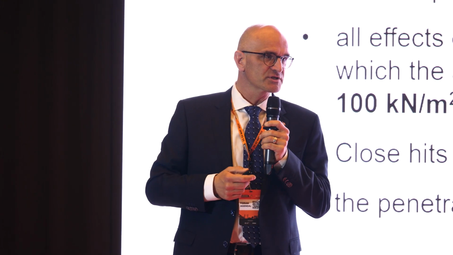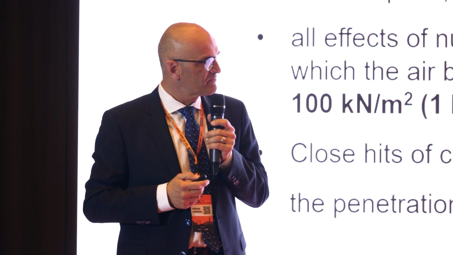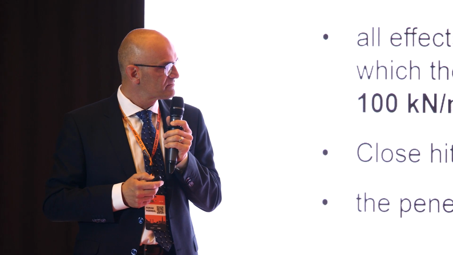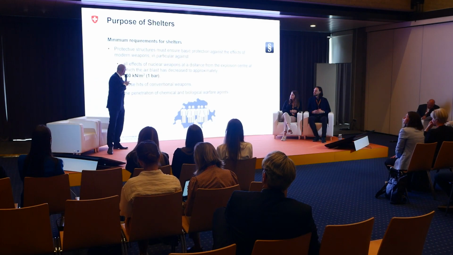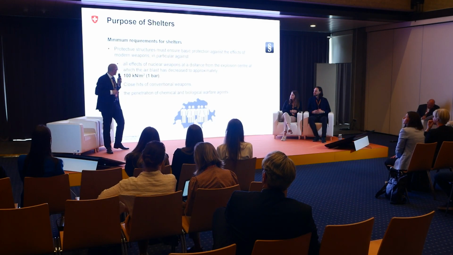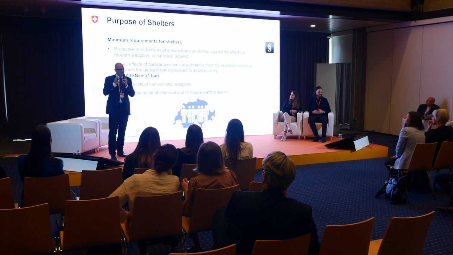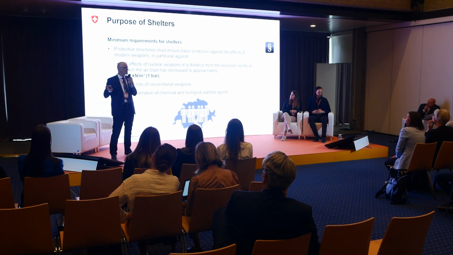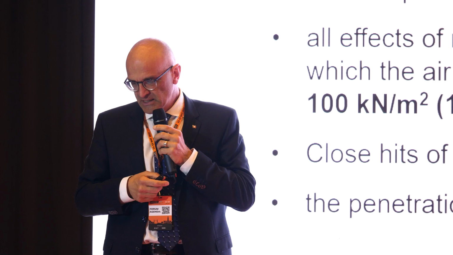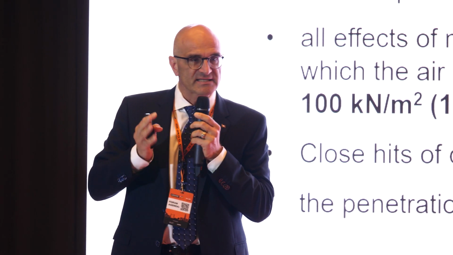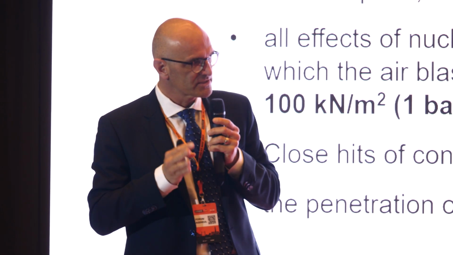Maybe one of the crucial definitions set in the law, in the requirements, is this one: 100 kilonewton per square meter, which is approximately 1 bar of blast effect. Why is it so crucial? Because that's a physical definition.